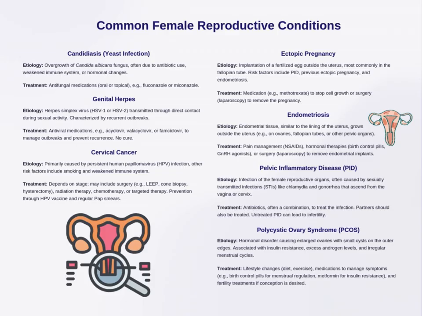They may do a LEEP, which is a loop electrosurgical excision procedure, where they use an electrical cautery to remove those areas. If it is to the point of actual cervical cancer, then a hysterectomy is likely going to be the solution, with potentially radiation and chemo, depending on the severity and what's going on with that.